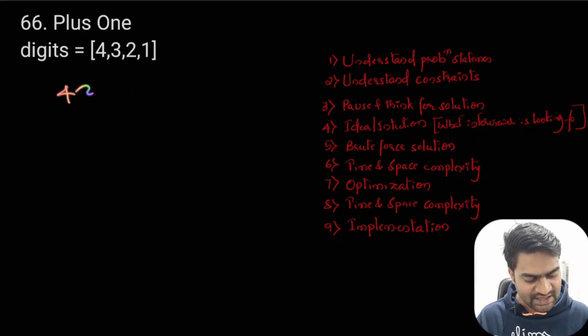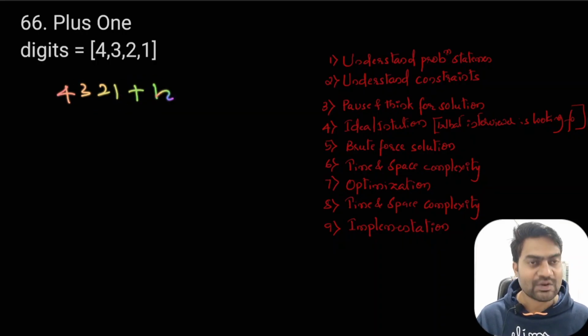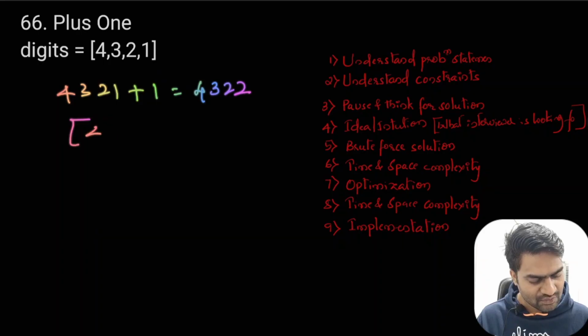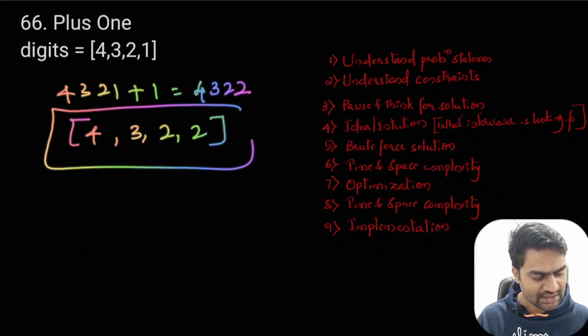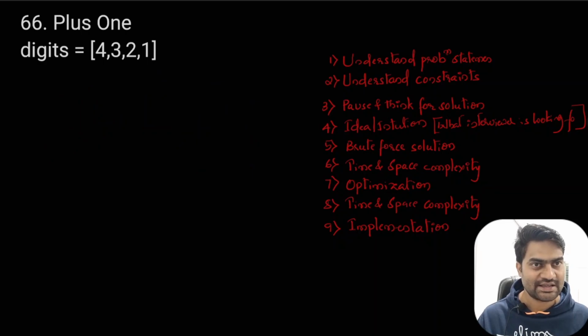Then you need to add 1 to it and it will give you 4322, and you need to return 4, 3, 2, 2. So you need to return this particular array. That is what this problem states.